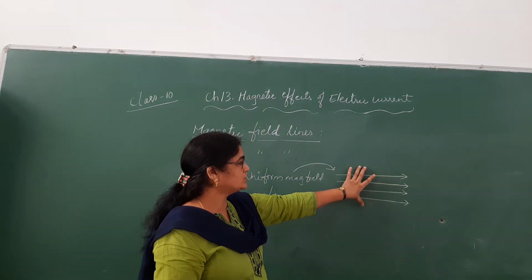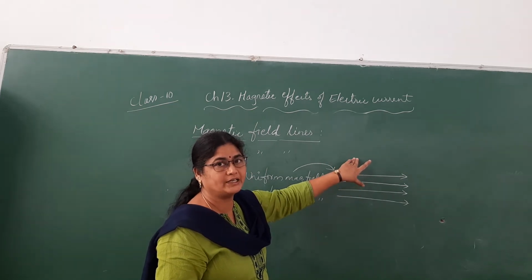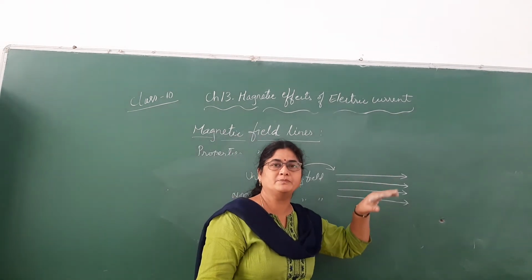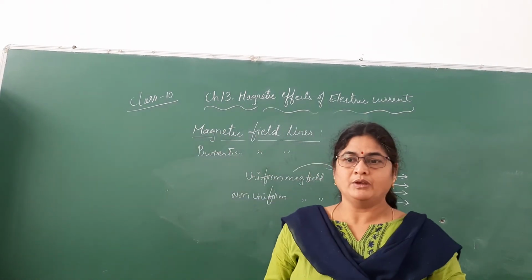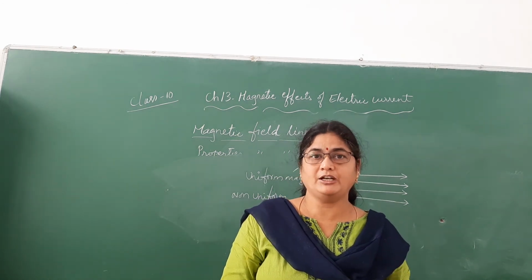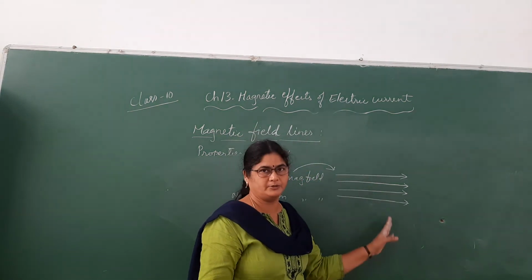This is the representation of the uniform magnetic field. Sometimes in the examination they ask you to draw the uniform magnetic field with the help of field lines. Then you have to draw this figure.